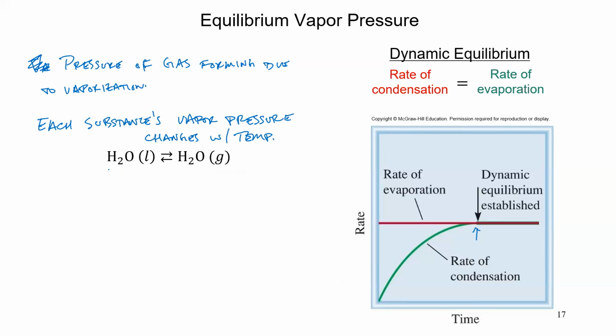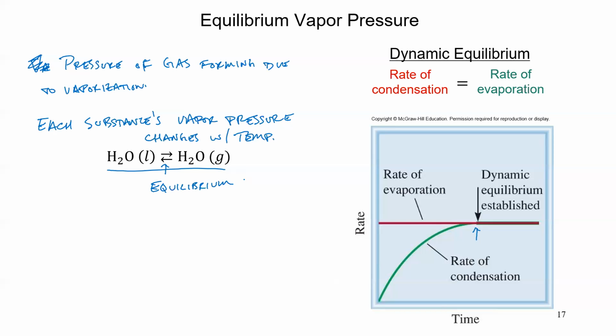This is the first time that we have talked about equilibrium, right? This is an equilibrium arrow here. Much of this semester will be spent discussing equilibrium. And so we're going to talk a lot more about what exactly equilibrium means, but let's say that we have these two different reactions happening at the same time.